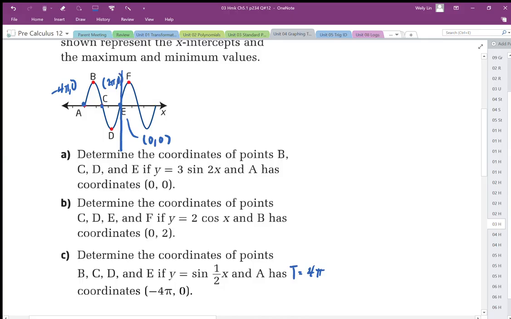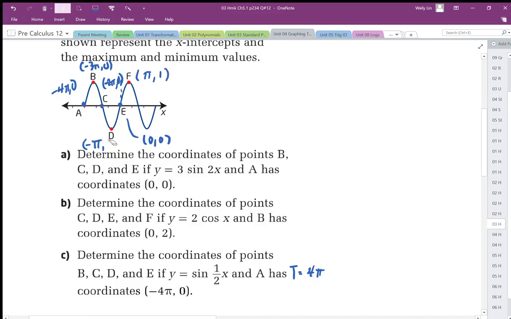And then halfway between -2 pi and -4 pi at A is going to be B, which is -3 pi and 0. So every quarter period point is going to be pi away. D I can find halfway between -2 pi and 0, or I can just say, well, I know that's negative pi, and then F must be positive pi.